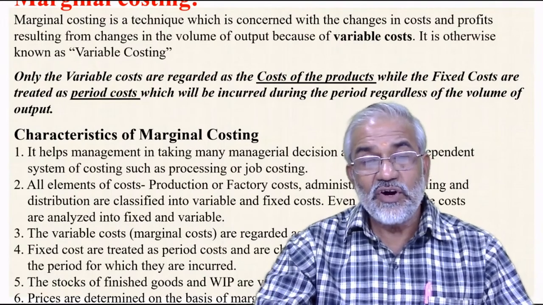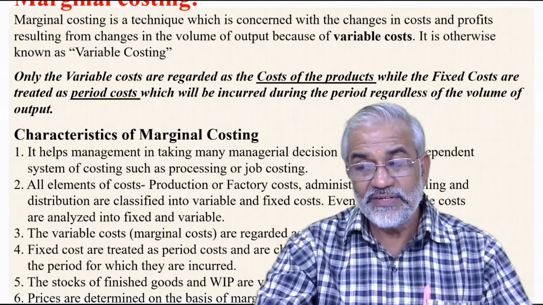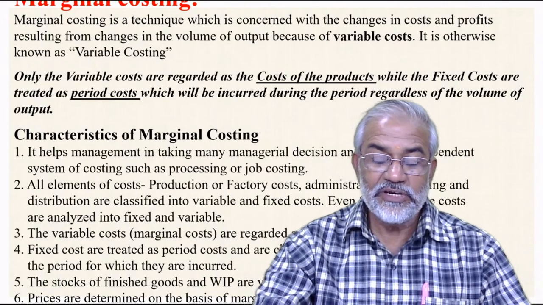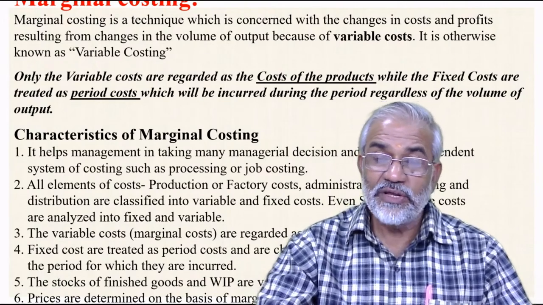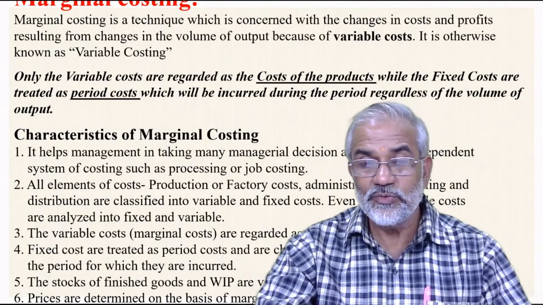And the fixed cost will remain constant. That means no additional fixed expenses have to be incurred by accepting the offer. It will remain 3,000 per month, which is obviously 100 rupees per day.